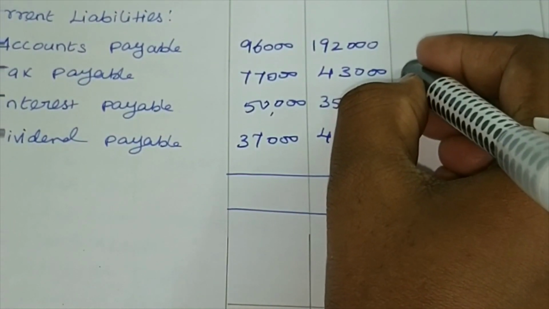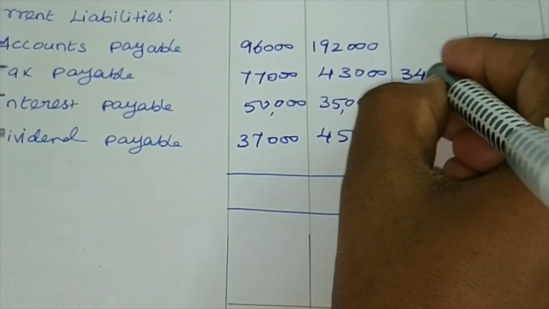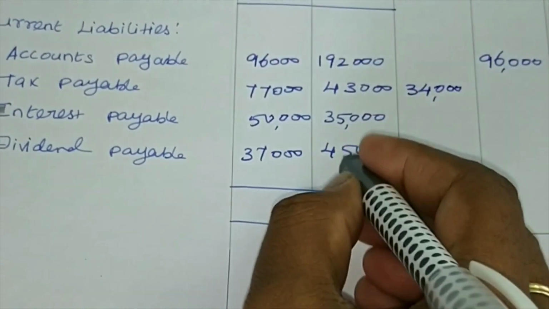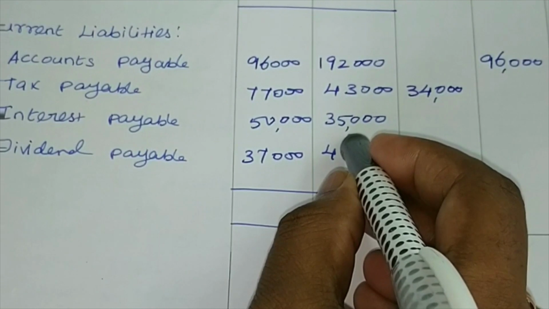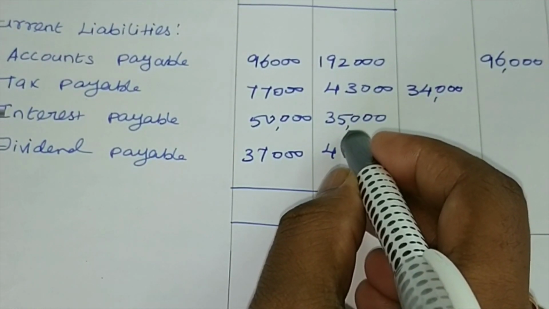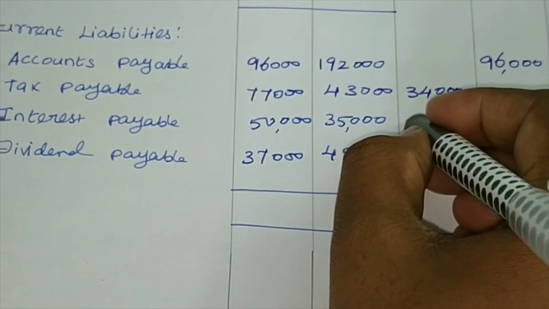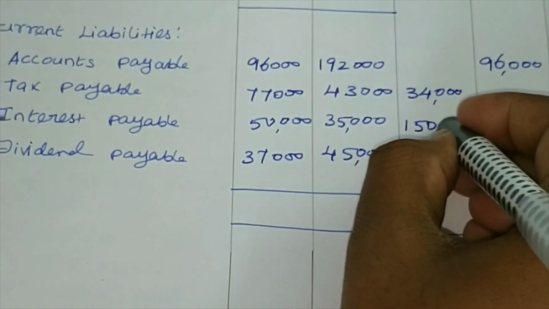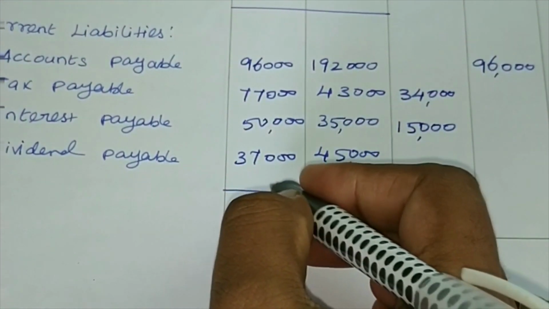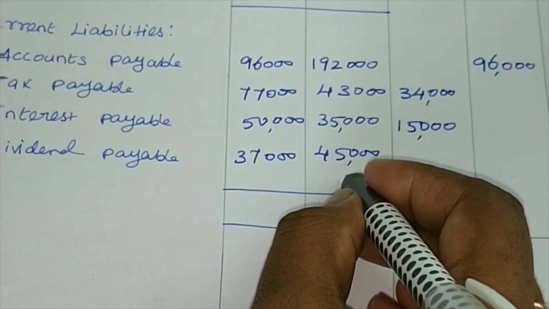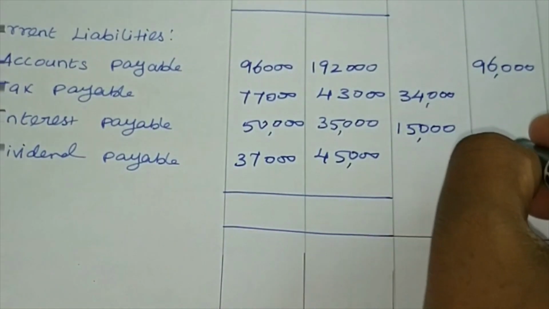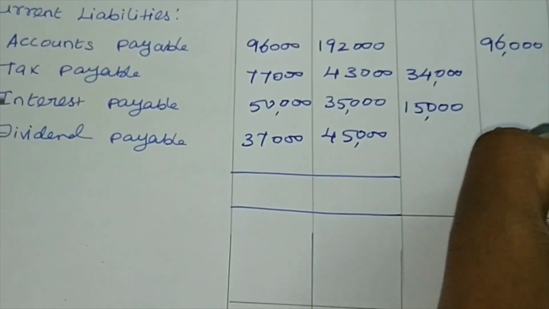Enter it in the increase column, 34,000. Then interest payable, 50,000, 35,000 in 2016. So 15,000 reduced. Enter it in the increase column, 15,000. Then dividend payable, 37,000. In 2016, 45,000. Increased 8,000. Enter it in the decrease column.